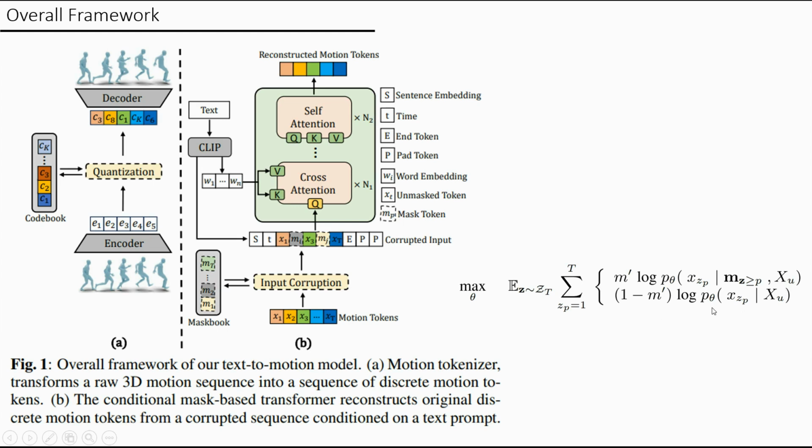And for tokens that are not masked, they can attend to the unmasked part of the sequence. So this objective function ensures that our model can learn the bidirectional relationship from our unmasked tokens, and also masked tokens learn the causal dependency between one another.